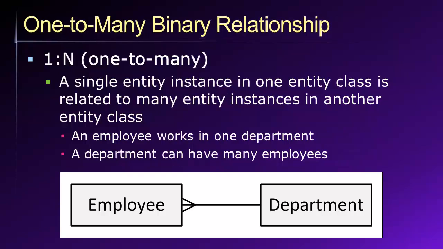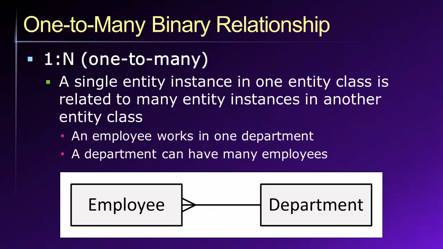Next, we can consider a 1-to-many relationship. I should note that 1-to-many relationships are by far the most common types of binary relationships in entity relationship modeling. In a one-to-many relationship, a single instance of one entity is conceptually related to many instances of another entity.